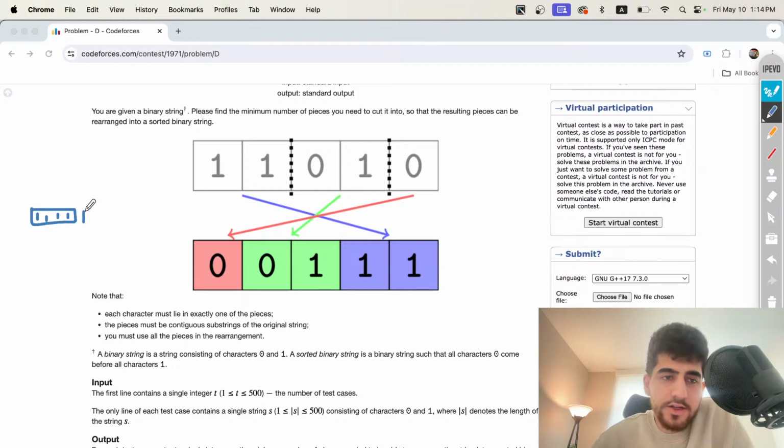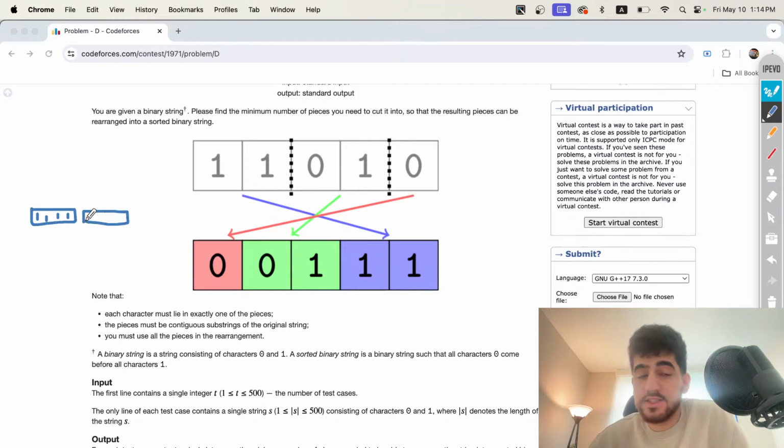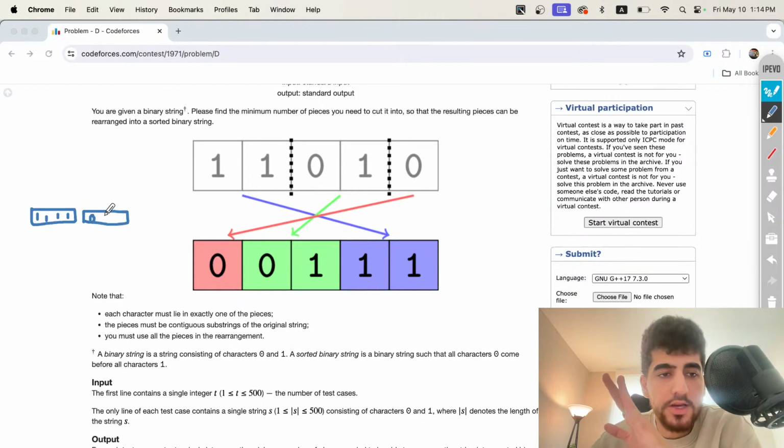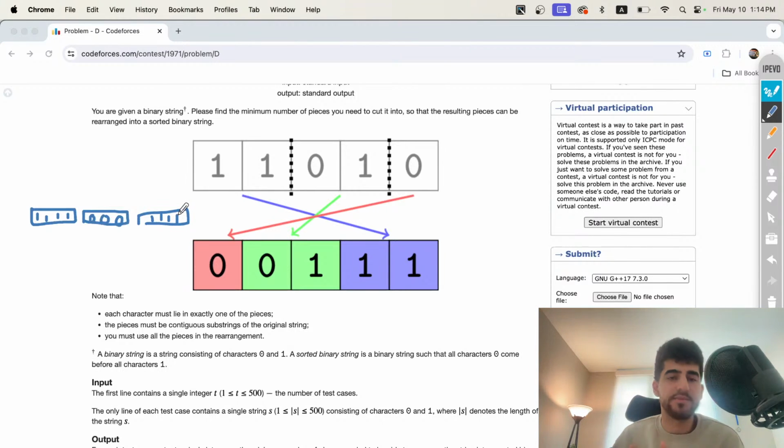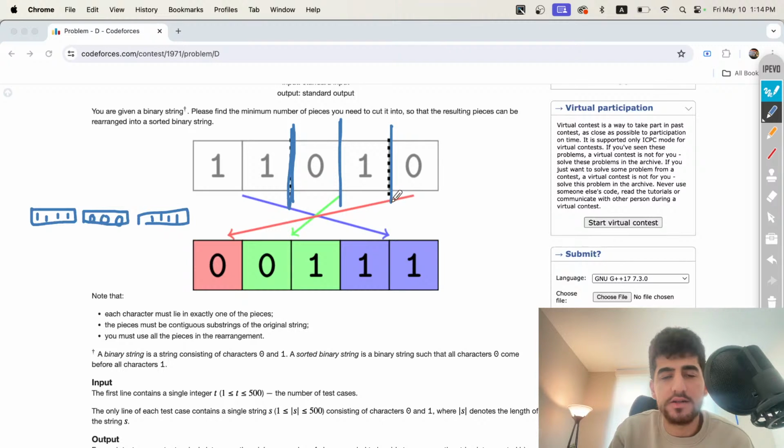One idea to solve the problem, which is not optimal, is to make parts where all the elements in the same part are exactly the same. For example, here we need three cuts: one cut here, one cut here, and one cut here. And we will have 4 parts afterwards.